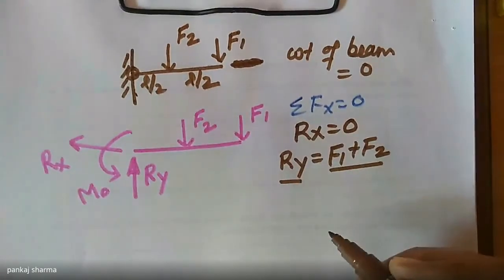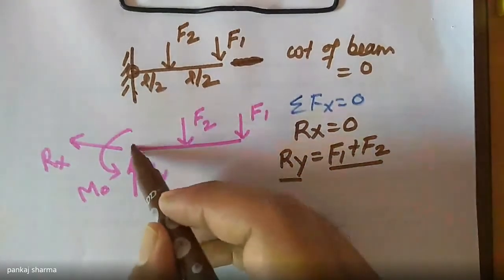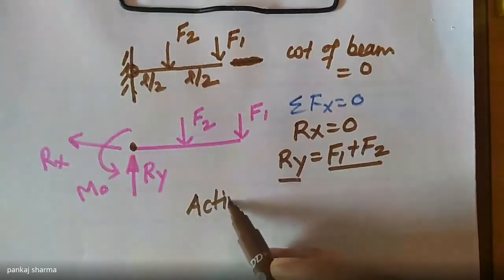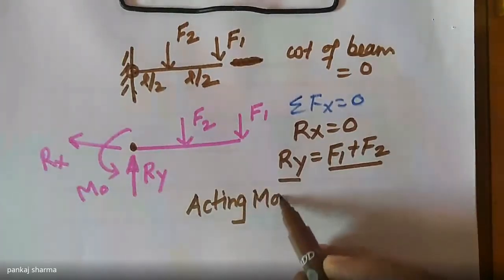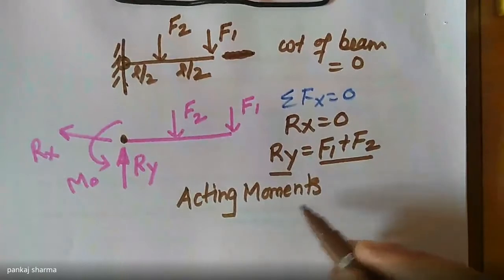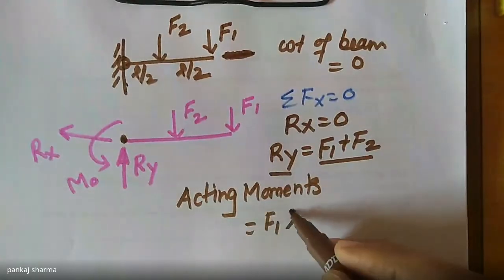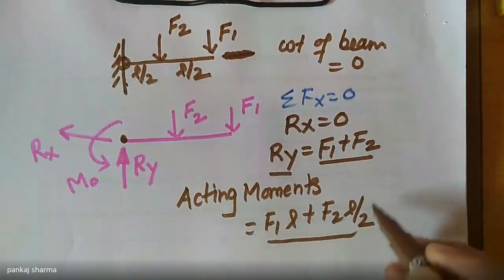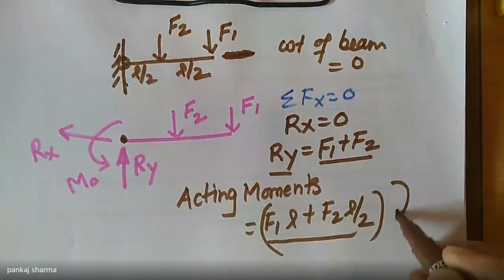And finally, the moment at this point. The acting moments are F1L plus F2L by 2. The direction of both moments is the same, clockwise.